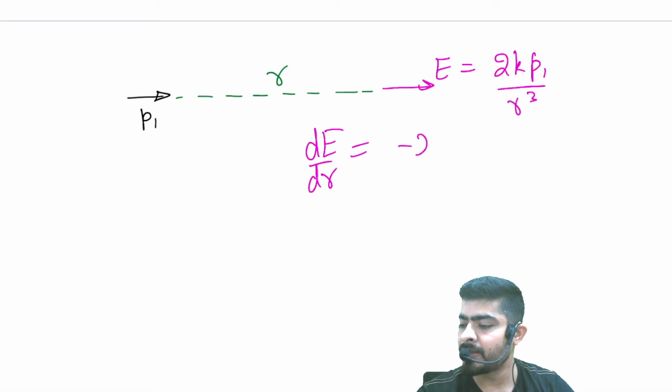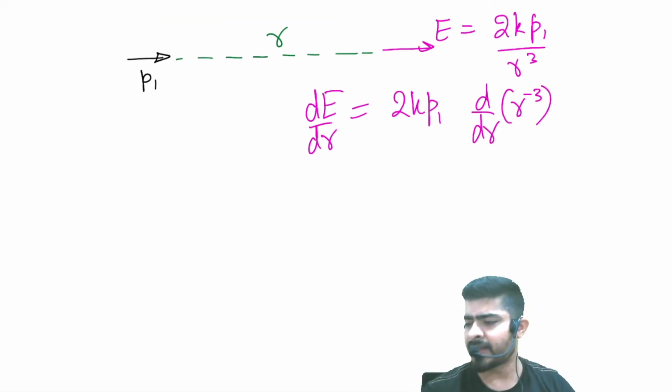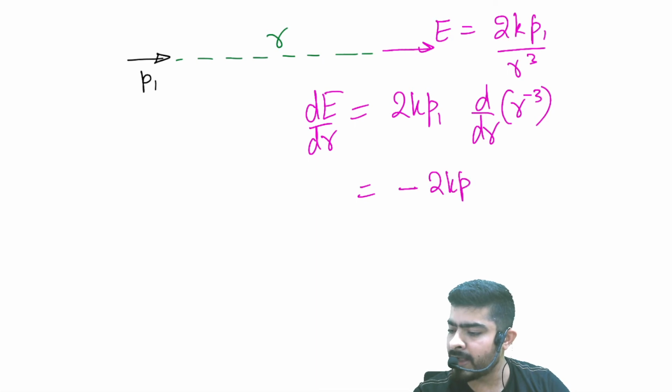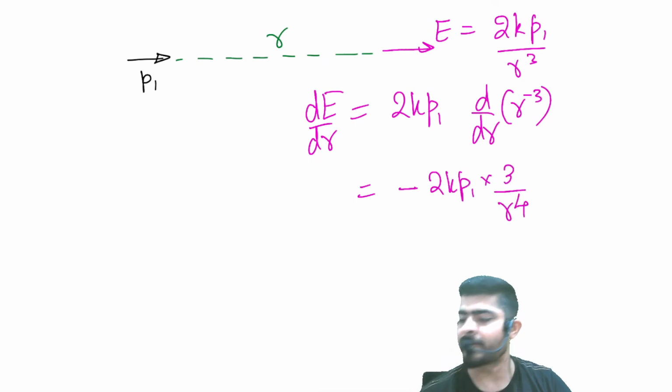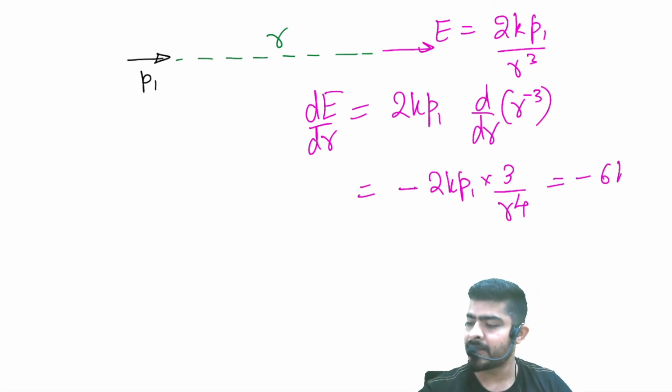This will be 2k P1 times d by dr of r power minus 3. You know how to solve this thing, right? So I should get over here minus 2k P1 times 3 by r power 4. So this is minus 6k P1 by r power 4.